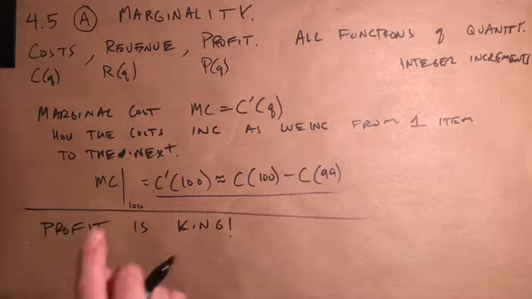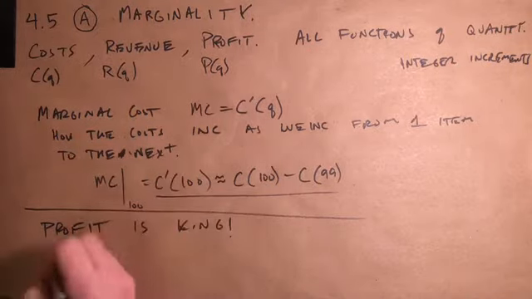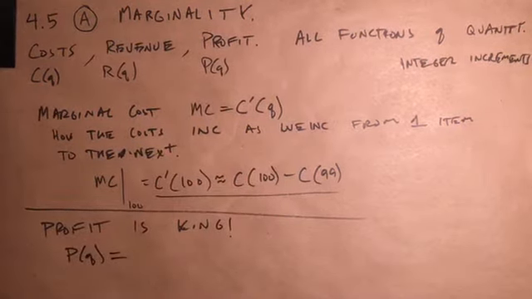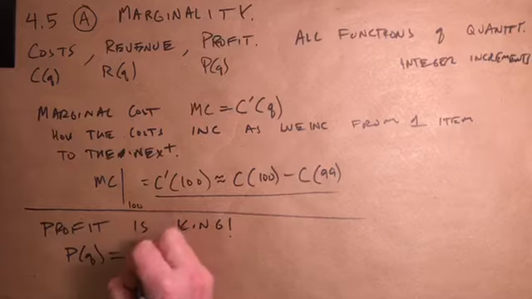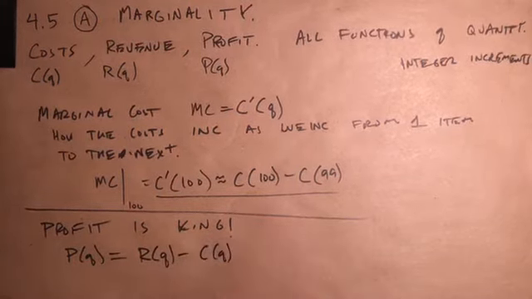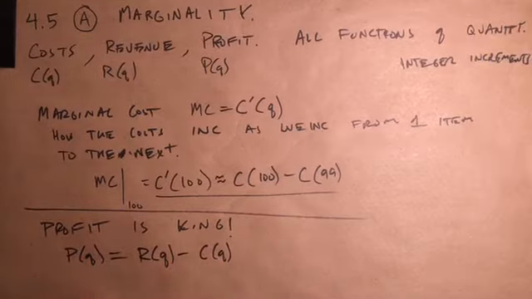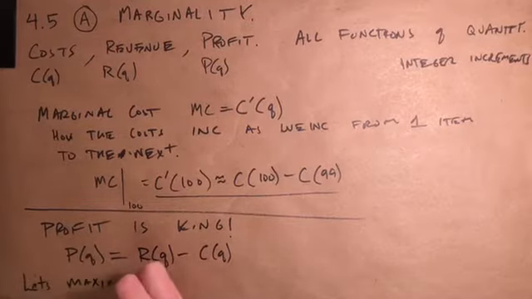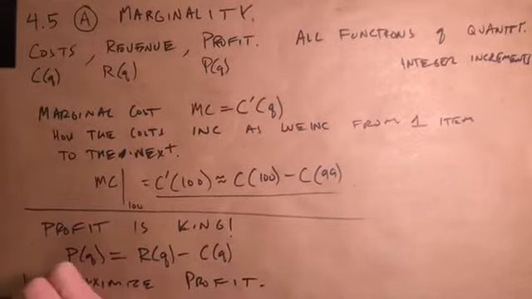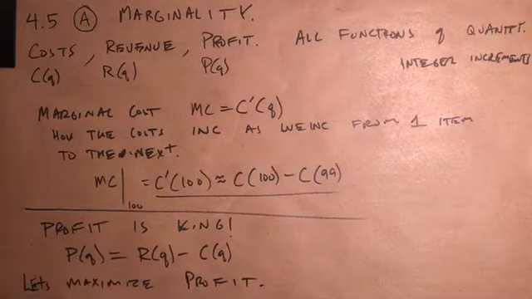So let's take a look at our profit relationship, and certainly profit is equal to the revenue minus the cost, yes? And what I might want to do is maximize profit. How am I going to make that happen? Well, let's take the derivative, let's set it equal to 0.